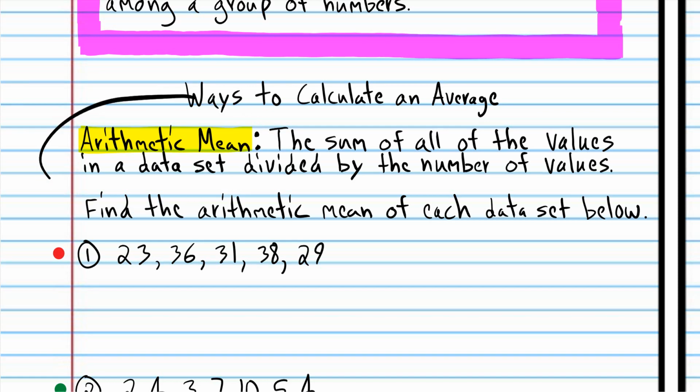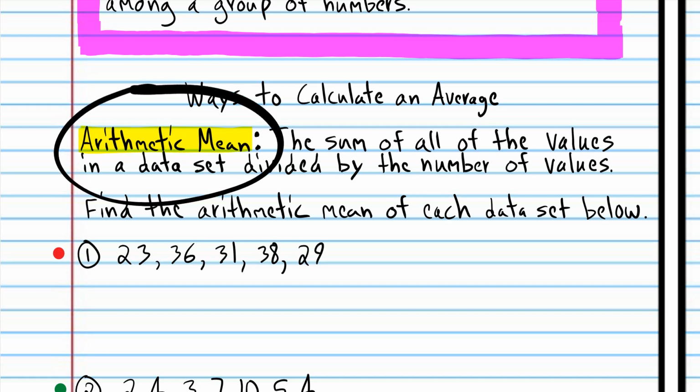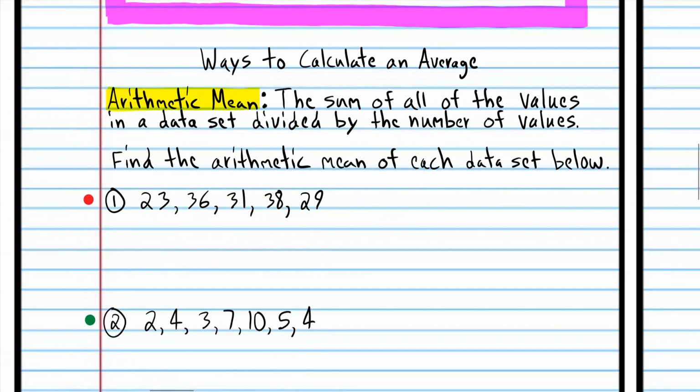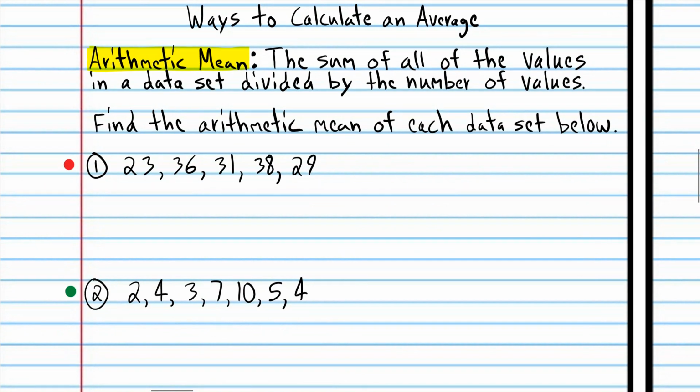If somebody tells you to calculate an average value, but they don't tell you the particular method that they want you to use, you would assume that they're talking about the arithmetic mean. That's very important, because sometimes you'll get problems where they give you an average value and you're just supposed to assume that it's the arithmetic mean. That's not very fair, but they'll do that anyway. And we'll talk about that more later.